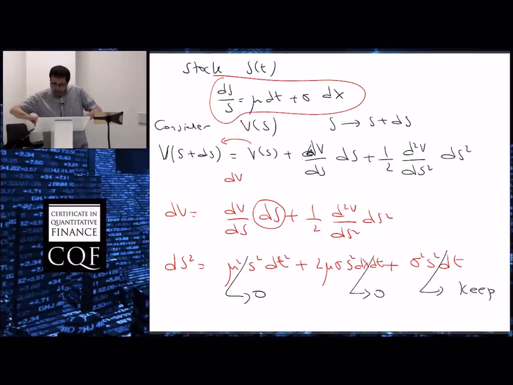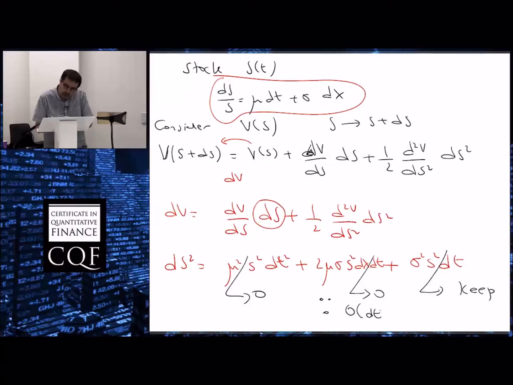So if we mention the reason why: because it's order dt to the 3 over 2. So that goes. So we can say, right at the end, dS squared is sigma squared S squared dt.